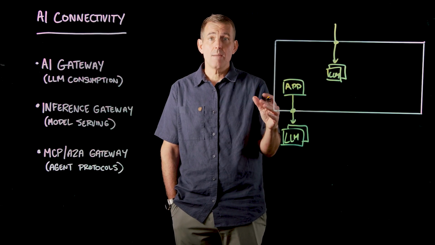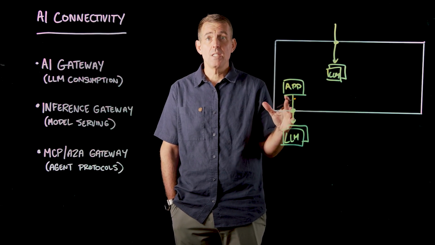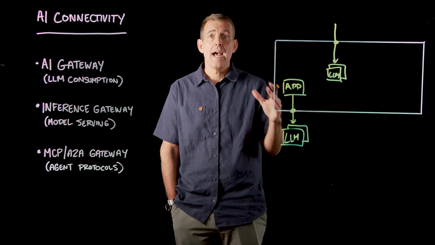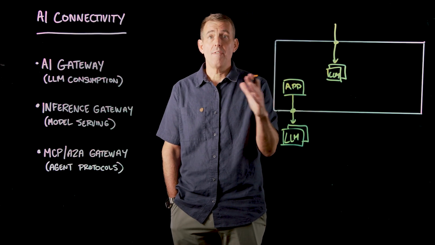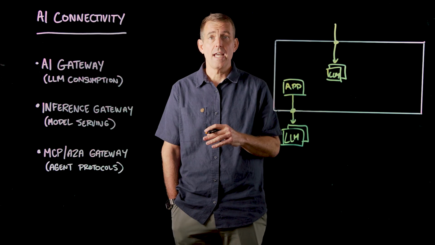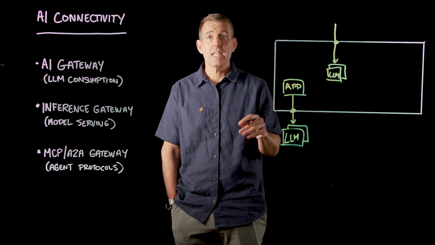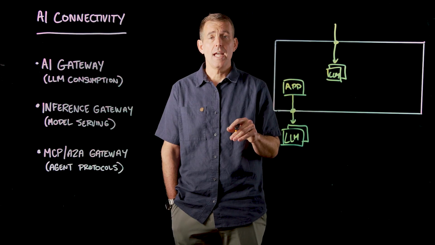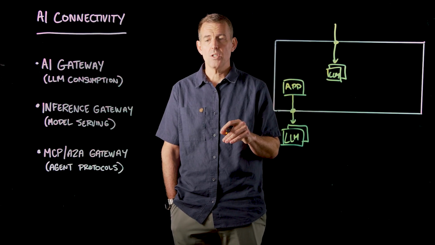If you're separating, perhaps with vLLM and llm-d, prefill and decode stages of inferencing, how the gateway is aware of how to route between those stages and coordinate that activity. There's some very, very deep mechanics that you need to be aware of once you start hosting models and serving on your own infrastructure.